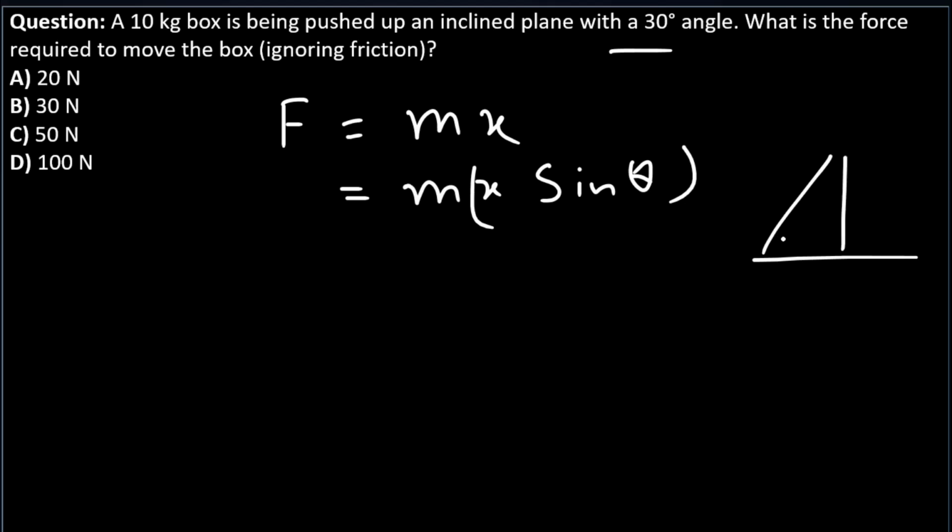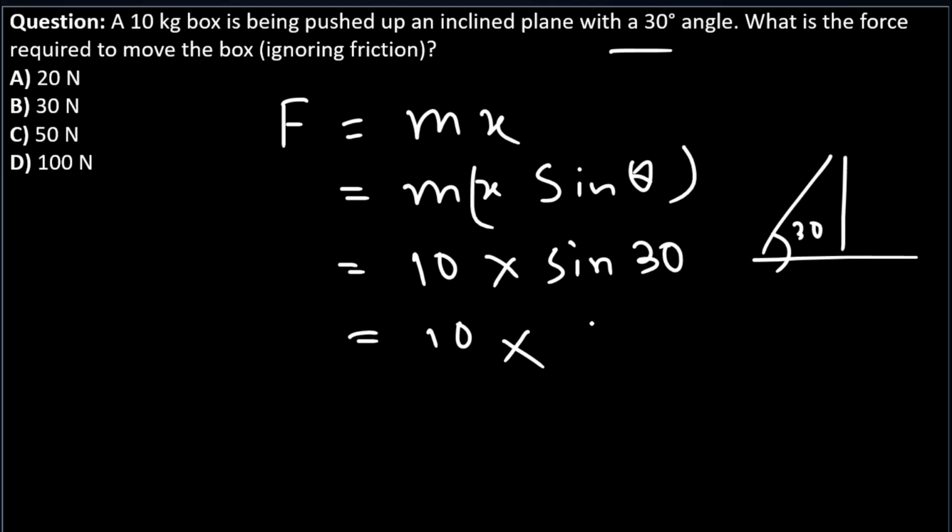The theta value is 30 degrees and the mass value is 10 kg. So 10 kg times sine 30 degrees. The value of sine 30 is 0.5, so it equals 5.